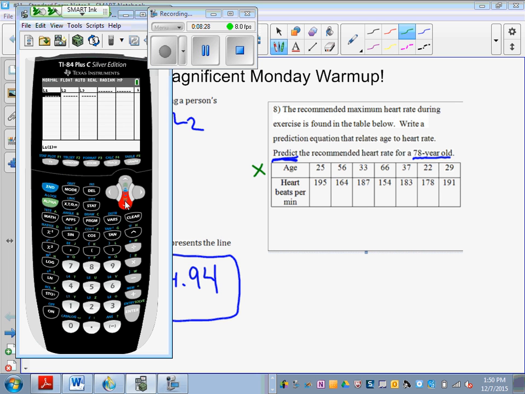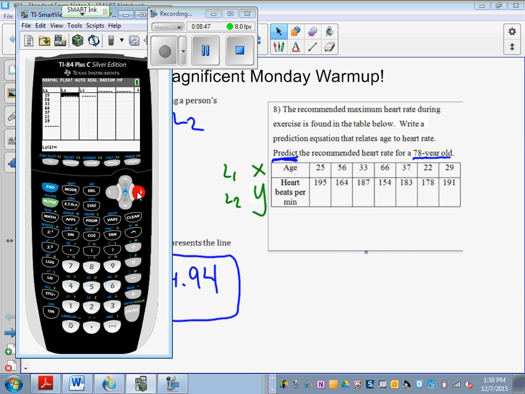Okay, so our first row is X, our bottom row is Y, so this is list 1, list 2. My age, X is 25, 56, 33, 66, 37, 22, 29.